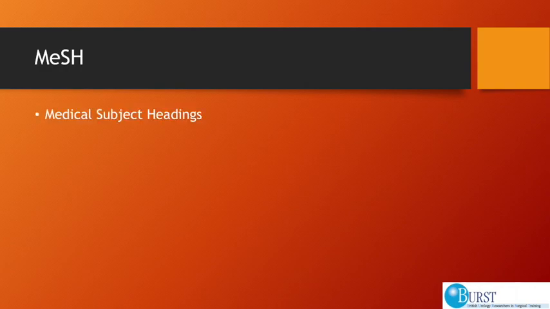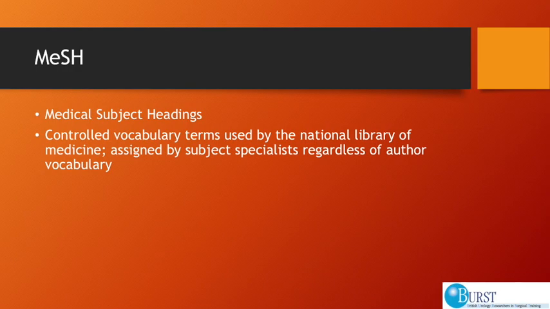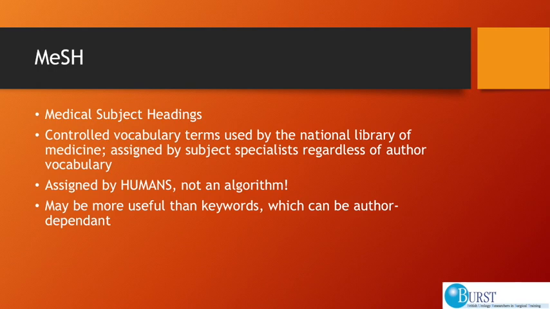MeSH stands for medical subject headings, and unlike keywords, they are assigned by information scientists at the National Library of Medicine. There are standard terms for most medical conditions and procedures, and these scientists read through every new paper indexed on PubMed, applying the appropriate MeSH terms irrespective of the keywords the author has chosen. It's not foolproof, as you'll see, but it's a lot less random than keywords.